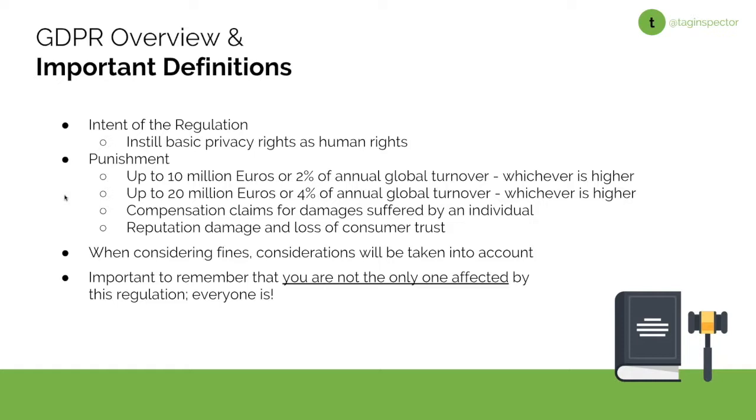The punishments here for GDPR are large: up to 10 million euros or 2% of annual global turnover, whichever is higher, for a violation, and up to 20 million euros or 4% of annual global turnover, whichever is higher, for basically a willful disregard or not correcting or not responding to a violation.